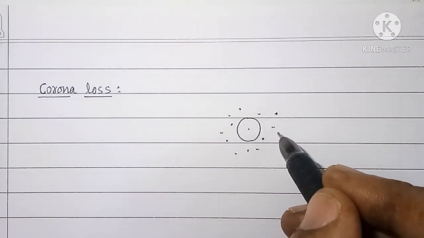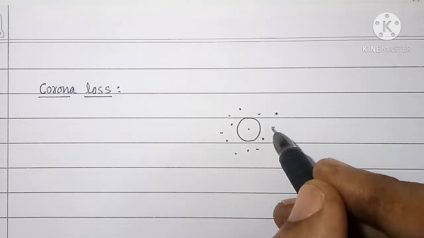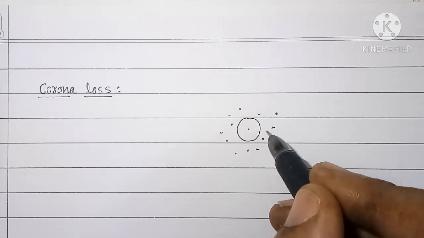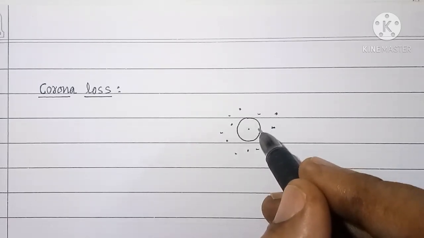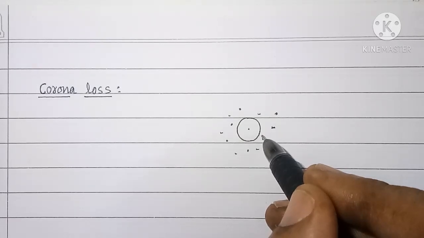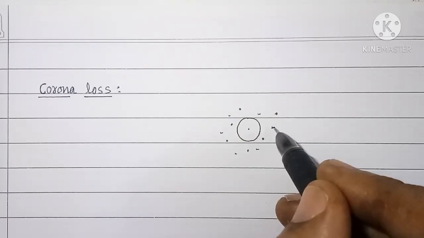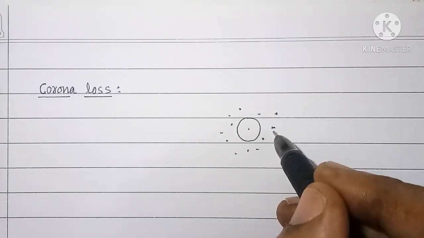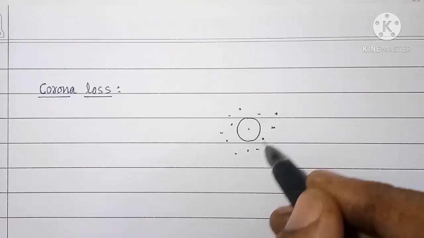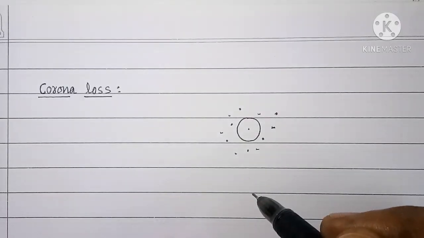These ions will accelerate when the voltage at which the conductor is operating increases beyond certain value. When these accelerate, they will collide with the other molecules in the air and they will dislodge electrons from those molecules.